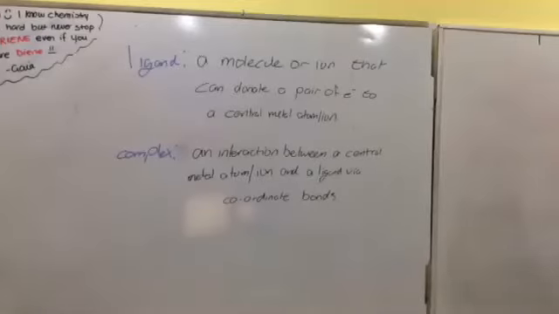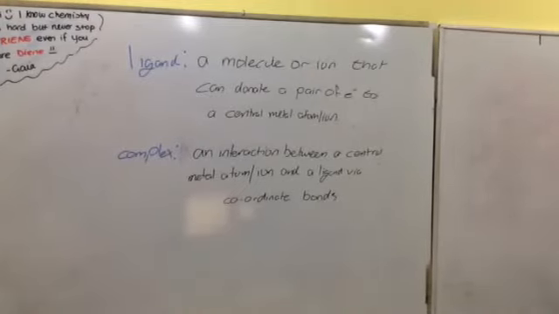Okay. Now, so pretty much ligands are either molecules that have available lone pairs or ions that have a negative charge. You can never have a ligand that has a positive charge.